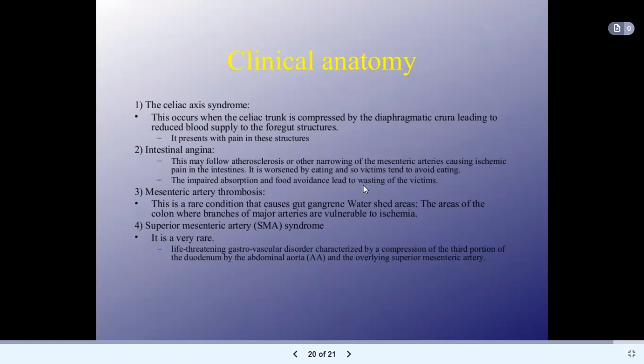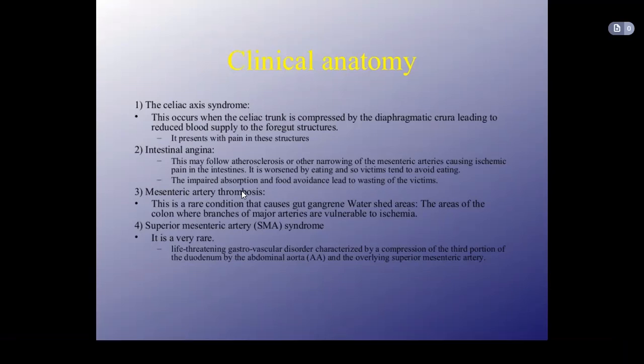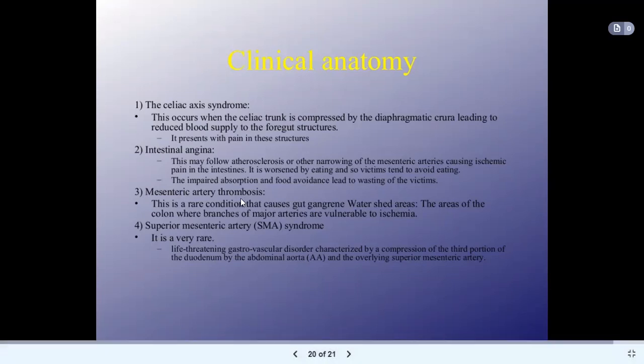Okay. Now, the third thing you need to know, clinical anatomy, is what we call mesenteric artery thrombosis. So in mesenteric artery thrombosis, we have a kind of blood clot, right? A blood clot blocking the mesenteric artery. When this happens, there will be what we call gut gangrene.